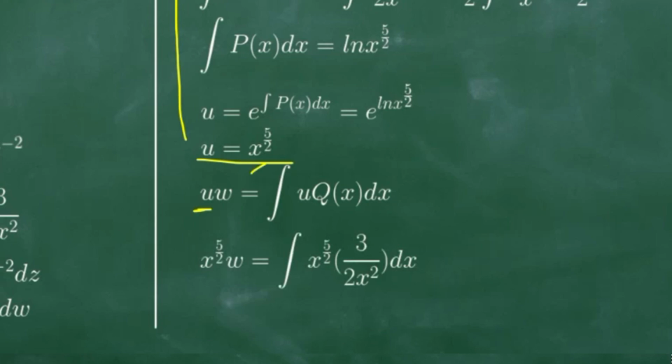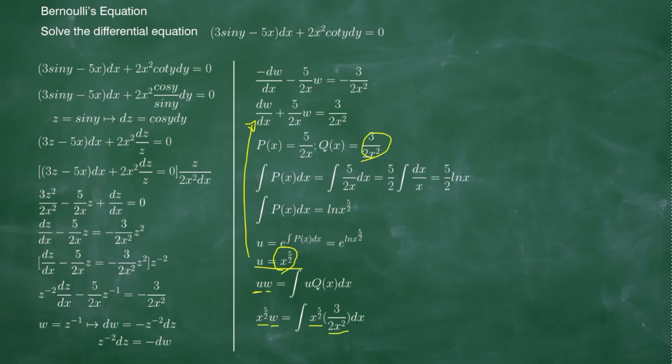Okay, so u, which is x to the 5 halves, times w equals the integral of u, which is again x to the 5 halves, times q of x, which is 3 over 2x squared, times dx.